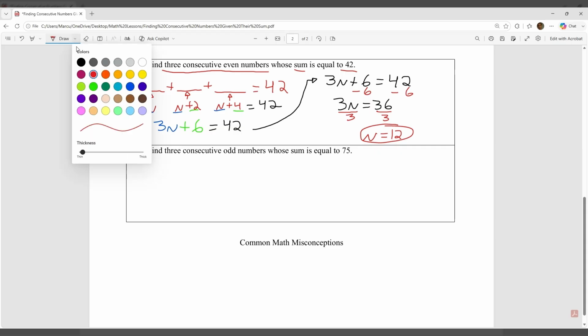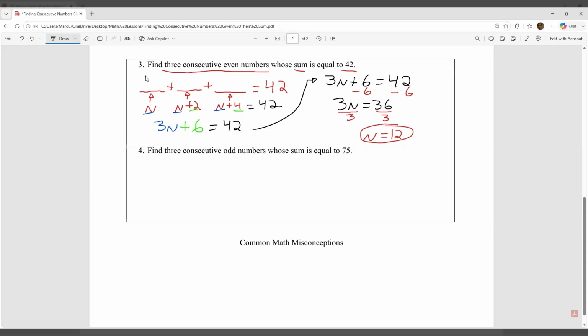Once you know n equals 12, you can go ahead and plug it in. Your first number is 12. But now here's where we have to be careful. This is not just any regular consecutive number. It says consecutive even numbers. So we're counting by twos, right? Just your even numbers.